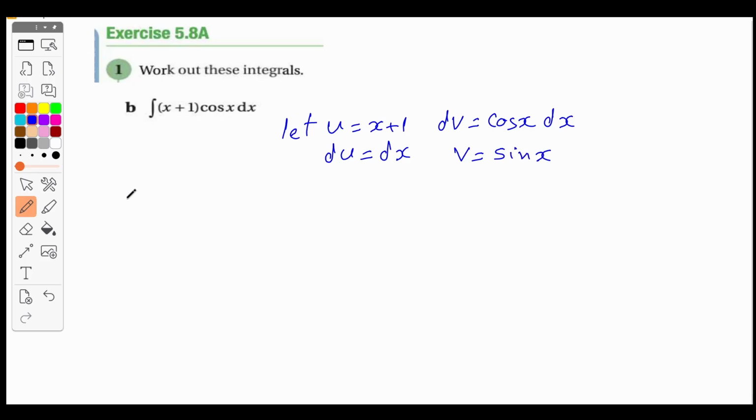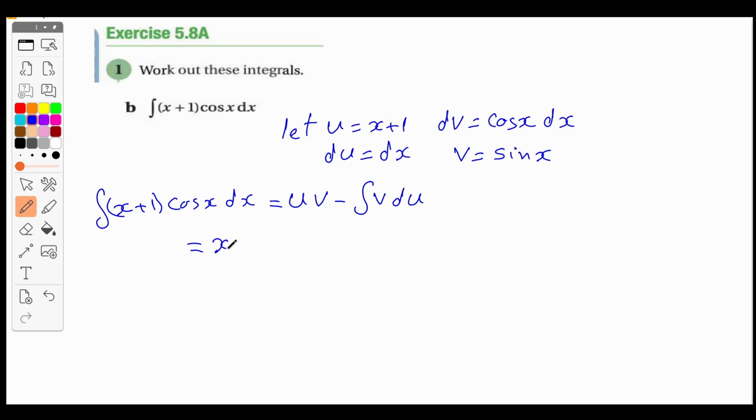So the integral of (x plus 1) cosine x dx is equal to uv minus the integral of v du. Now let's plug in this u and this v.